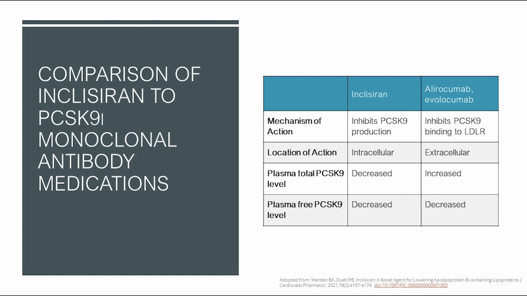As a result, inclisiran ultimately works intracellularly, and the monoclonal antibodies actually work extracellularly. So inclisiran will actually decrease our total PCSK9 levels, whereas our monoclonal antibodies will actually increase our plasma levels of PCSK9. The amount of plasma-free PCSK9 levels will be decreased by both of these agents, however.